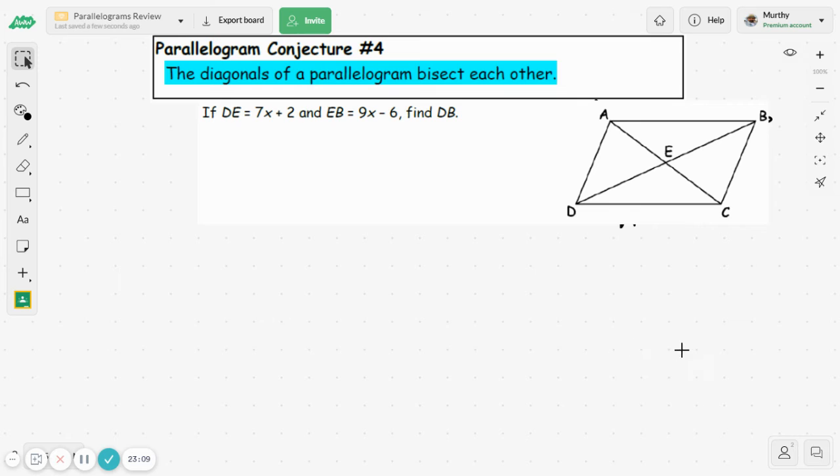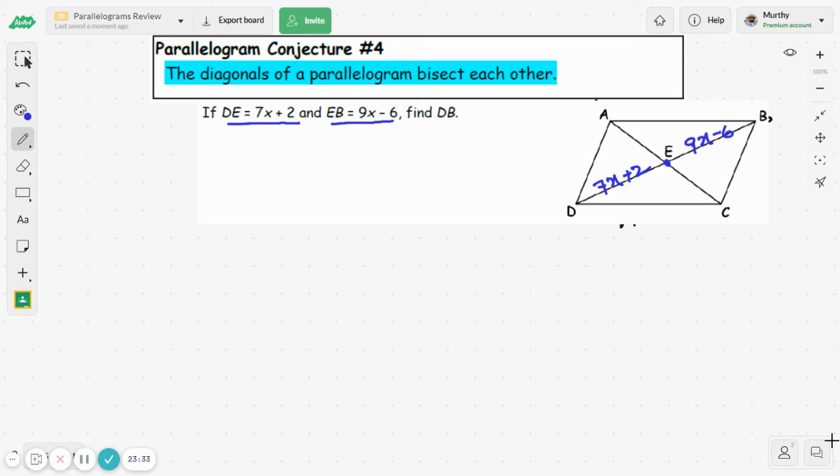Here DE equals 7x plus 2. Please observe carefully. DE is given as 7x plus 2, and EB is 9x minus 6.